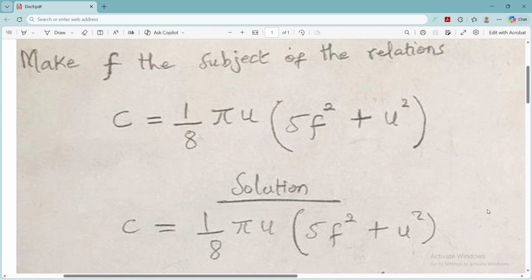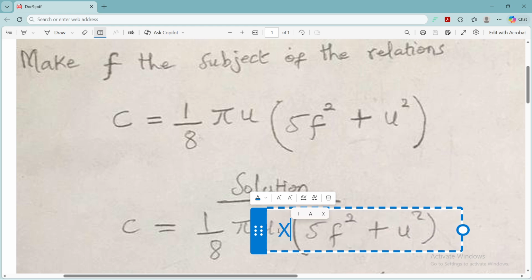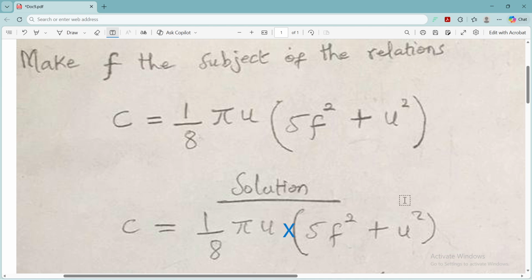So here, the fraction 1 over 8 pi u is a whole variable on its own, and it is multiplying, or in brackets, 5f squared plus u squared, right?